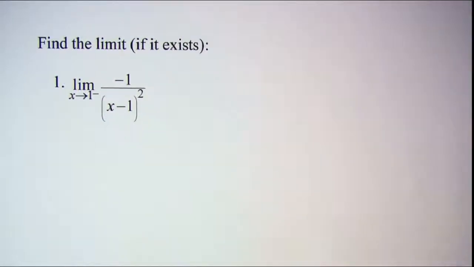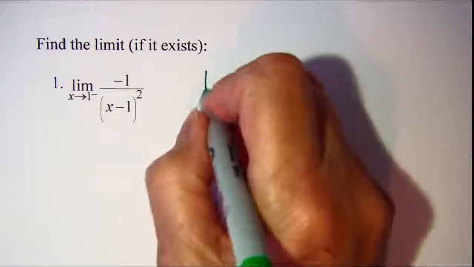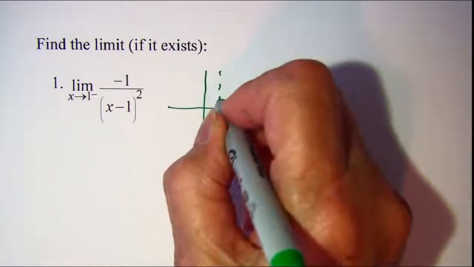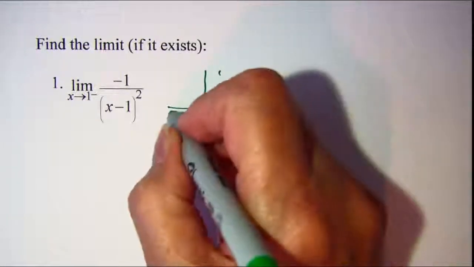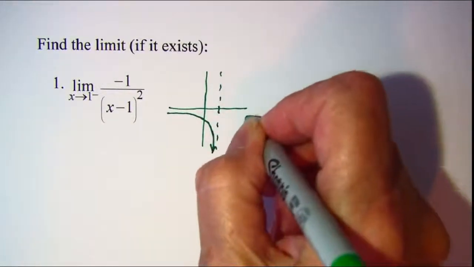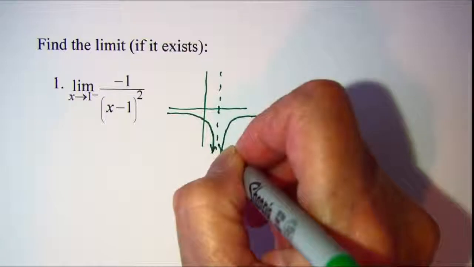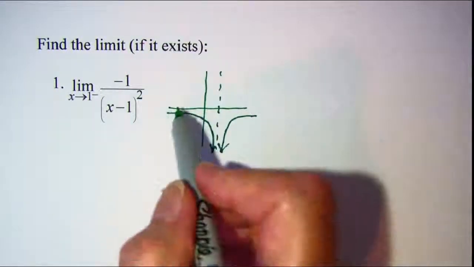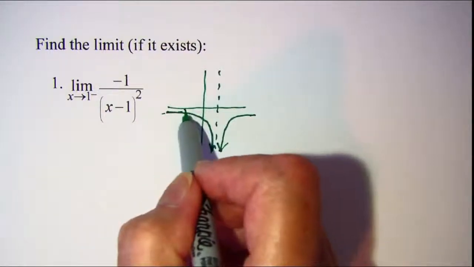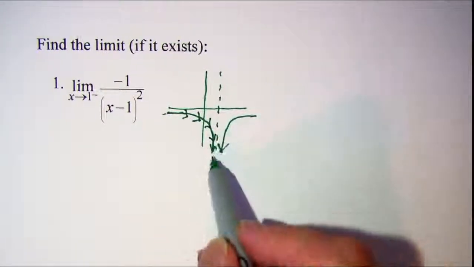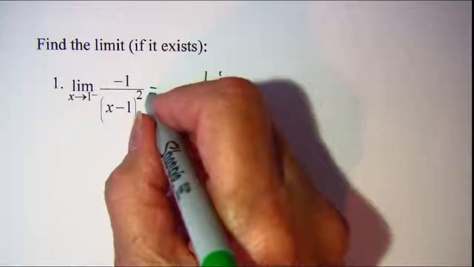The graph looks like this. So as we approach 1 from the negative direction, we can see that the limit is going to be negative infinity.